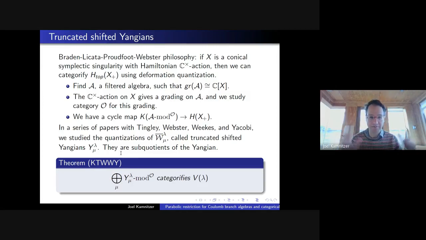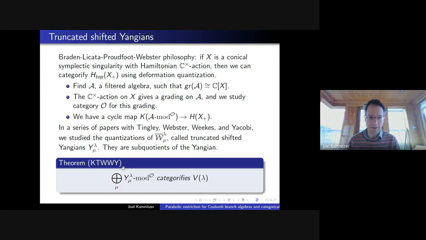This is just a heuristic statement of the theorem, not a very precise statement. But what it means is that we have a categorical action of the Lie algebra g. So Chevalley generators of our Lie algebra, the E_i's and F_i's, will act as functors on this category, moving you between category O's for different Y_{λ,μ}'s.